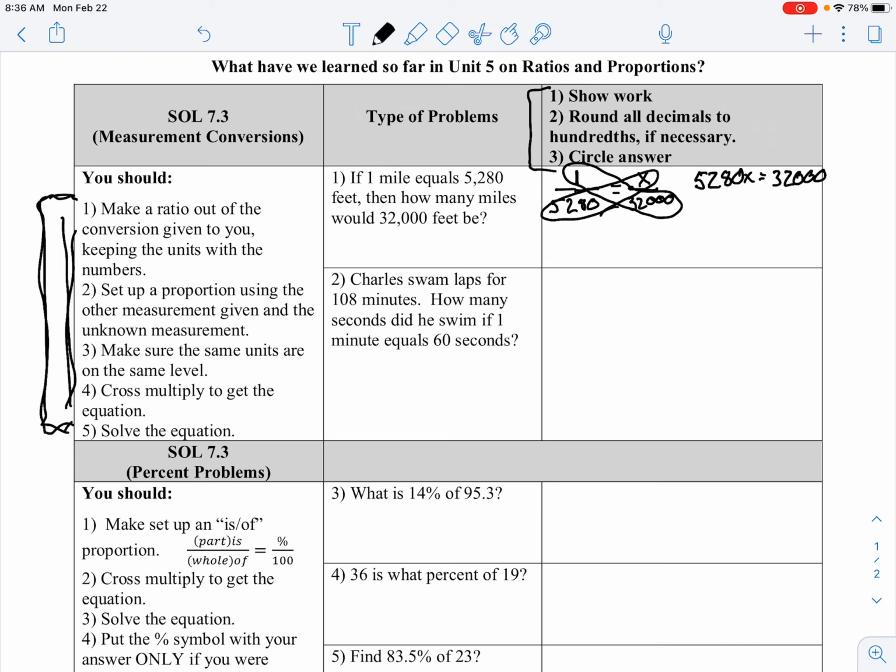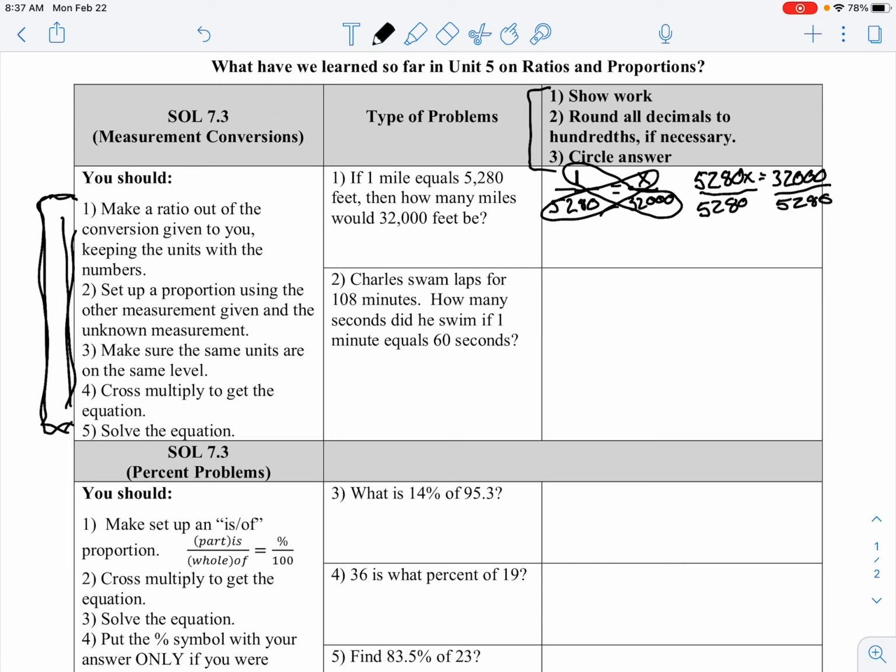And since these are cross products, we need to divide to solve that equation. 5,280 divided by 5,280. I need to get my calculator out real quick because that is a pretty big number that I don't know off the top of my head. So we got 32,000 divided by 5,280.